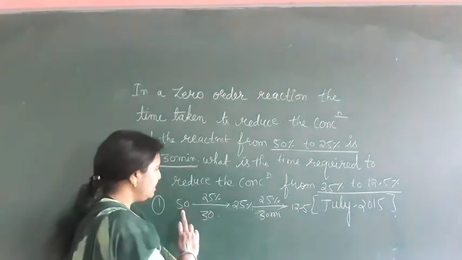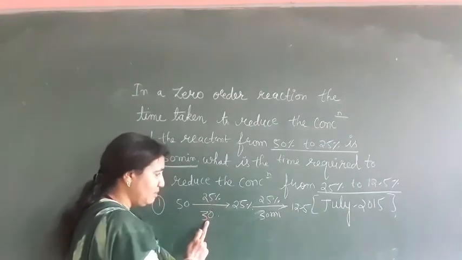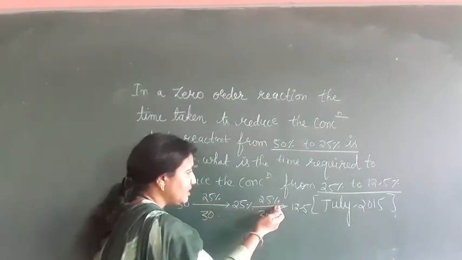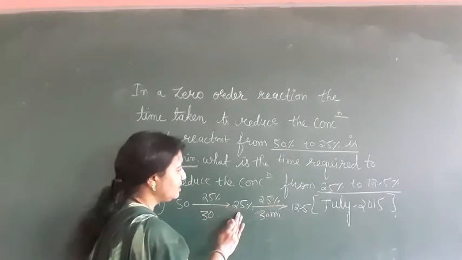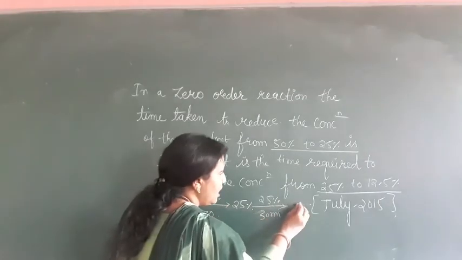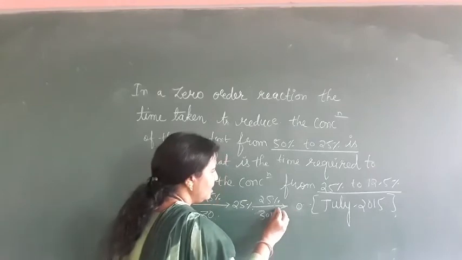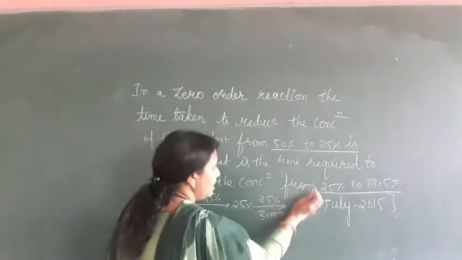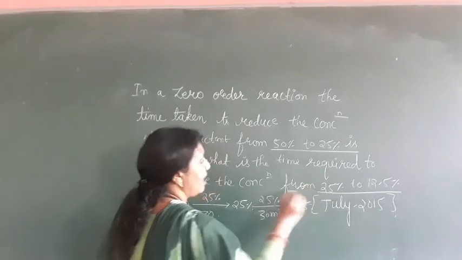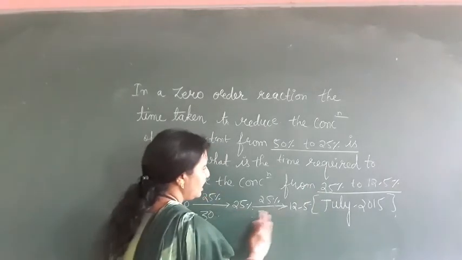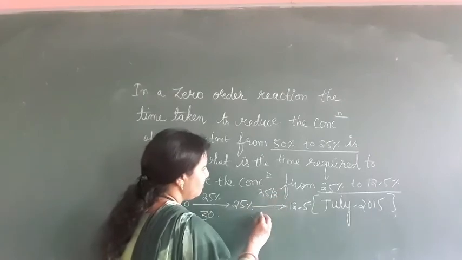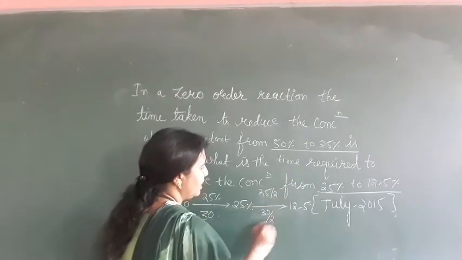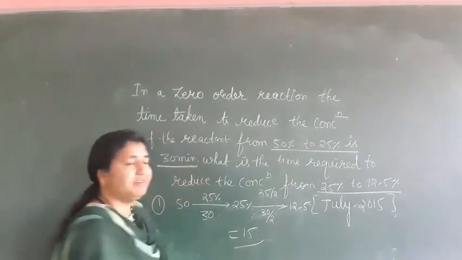So the next 25% would drop in 30 minutes, if it went from 25% to 0. But it has dropped only 12.5%, half of that. So we can say 30 by 2, and we get the answer 15 minutes.